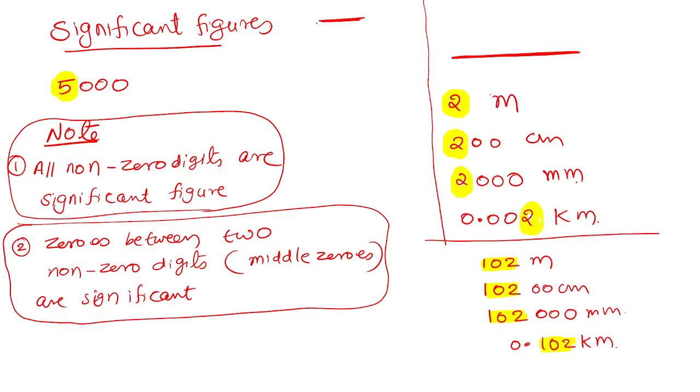Suppose somebody has measured the length of an object, using some measuring instrument, and got the value 5.300.